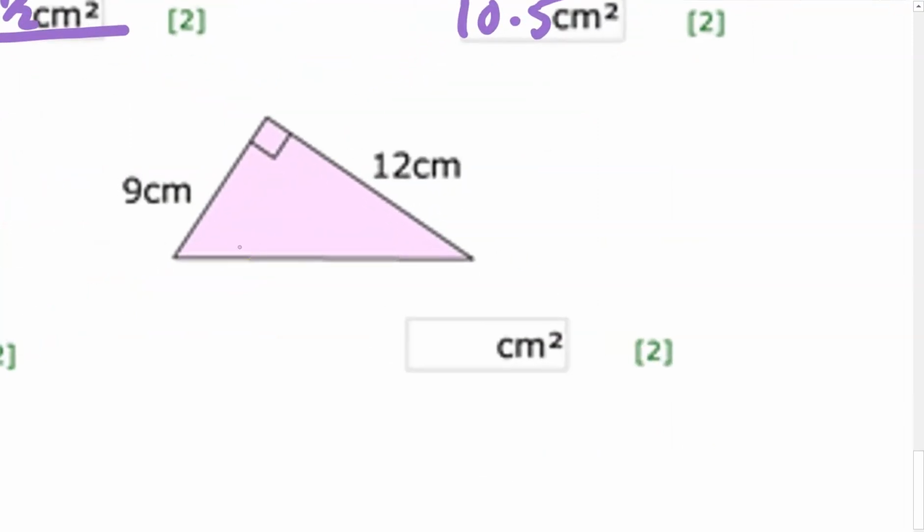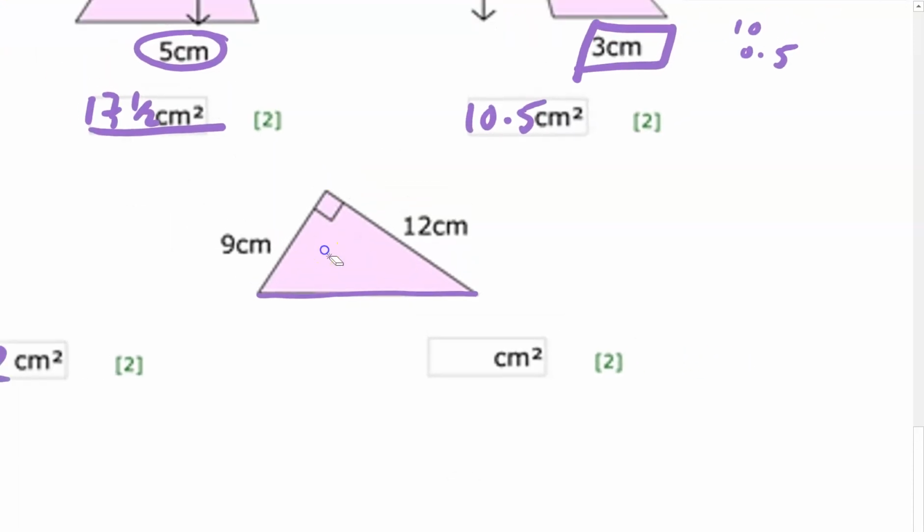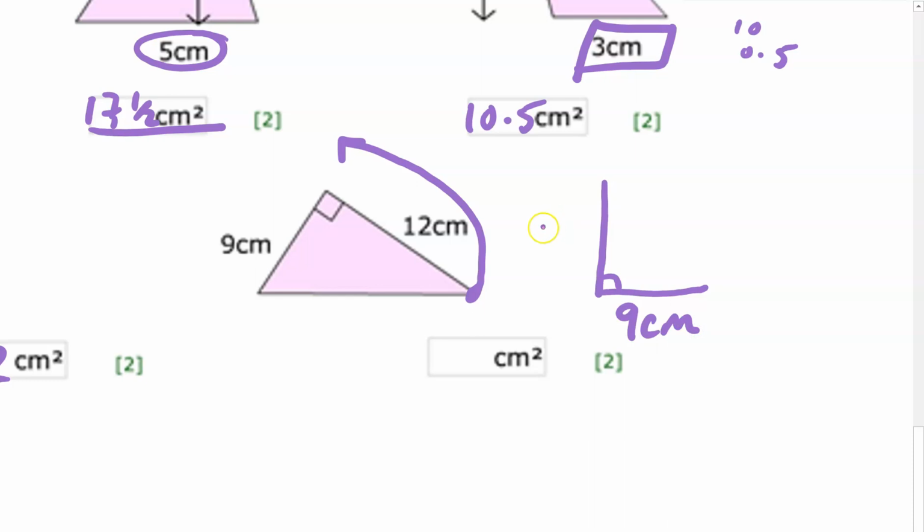And then this last one, I've included this last one because it's weird. Because if we just leave it as it is, we do not know how wide it is or how tall it is. That's not what we're told. This triangle has been pushed over. So if I was to take this corner here and lift it up, I would now have 9 centimetres here and 12 centimetres here.